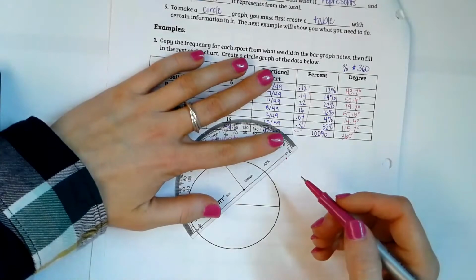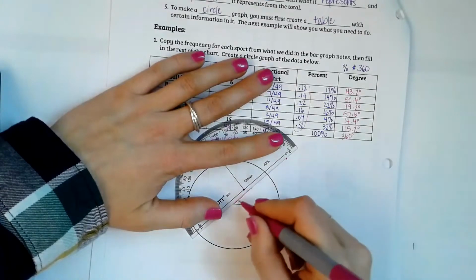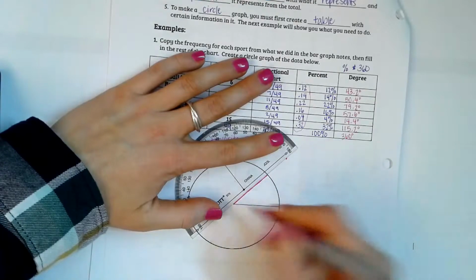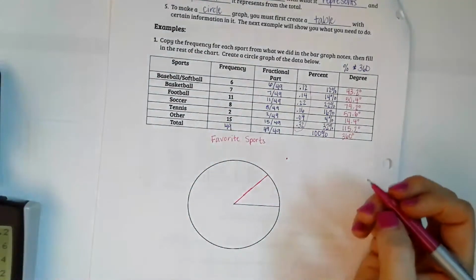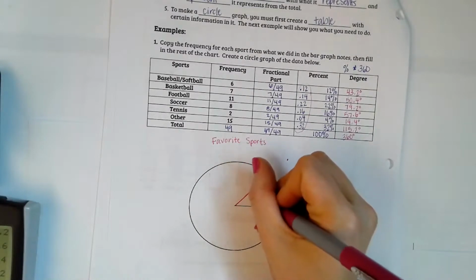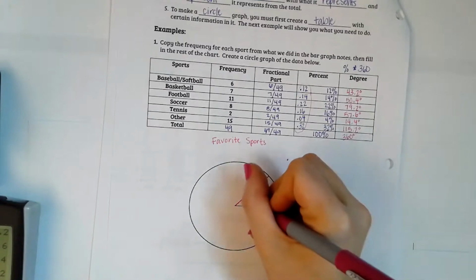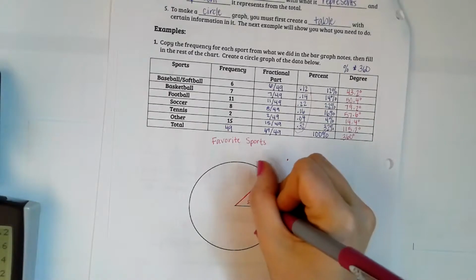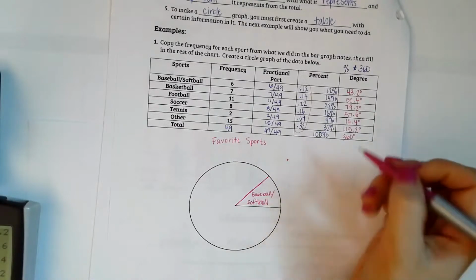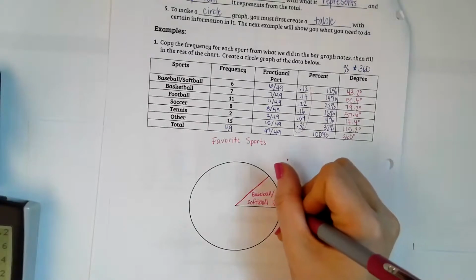Now don't have your lines go outside the edge of the circle. Then this was the baseball / softball, and your percentage needs to go in here, so your 12%.